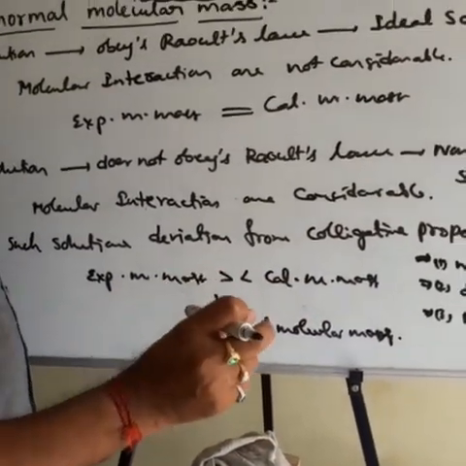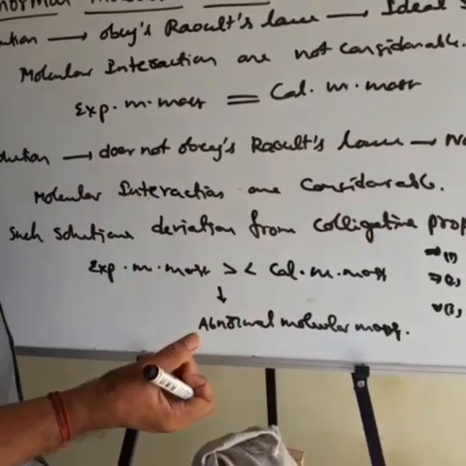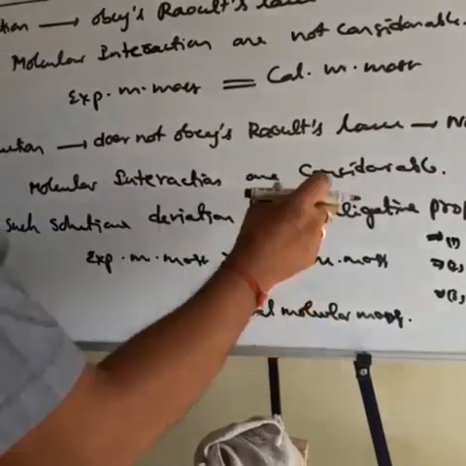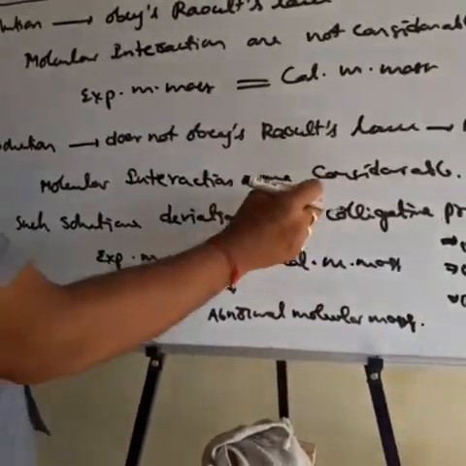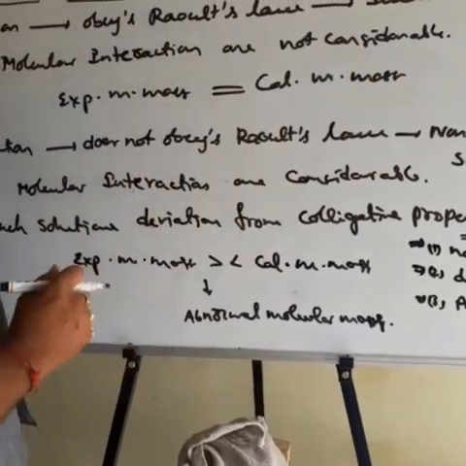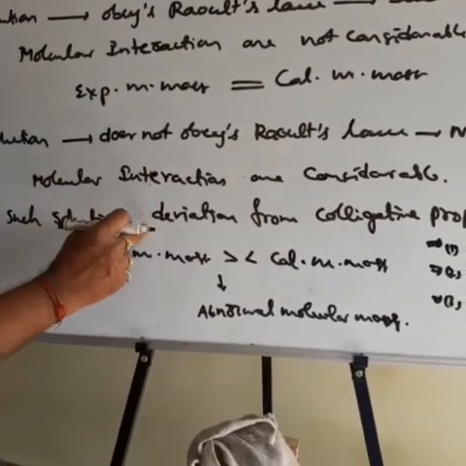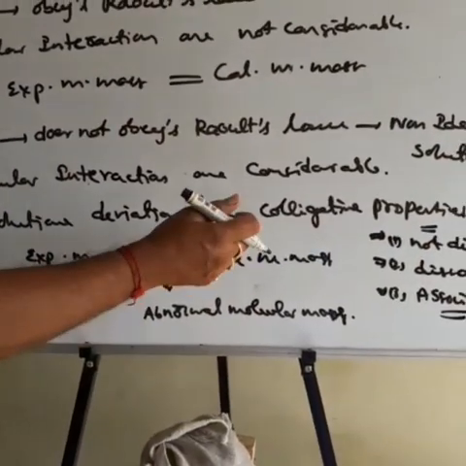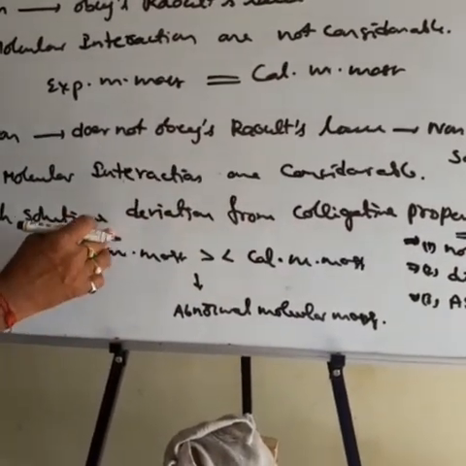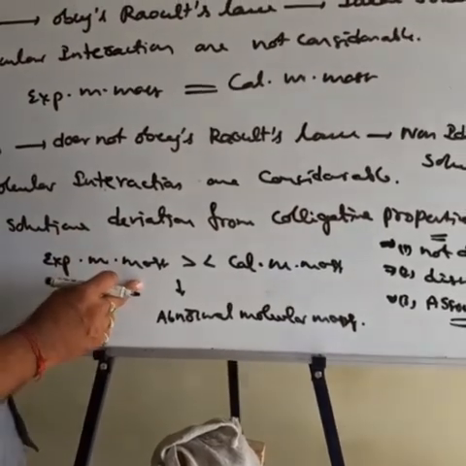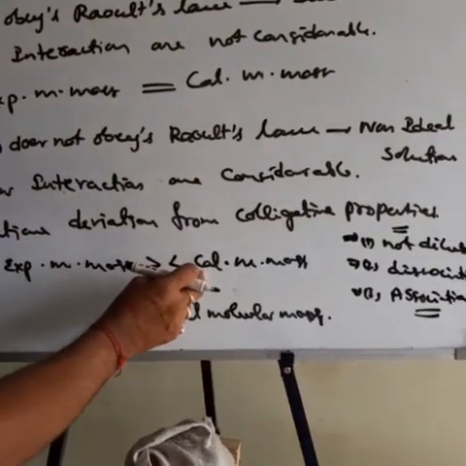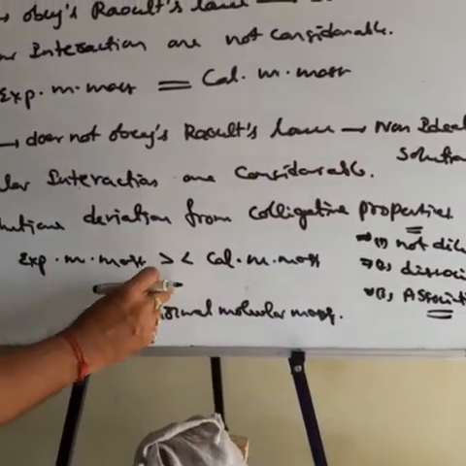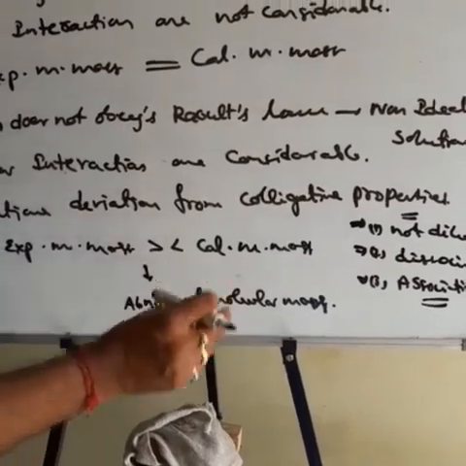Due to this molecular interaction, non-ideal solutions deviate from colligative properties. In this type of solution, the experimental molecular mass may be higher or lower than the calculated molecular mass. That is called abnormal molecular mass.